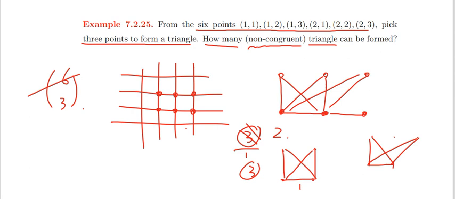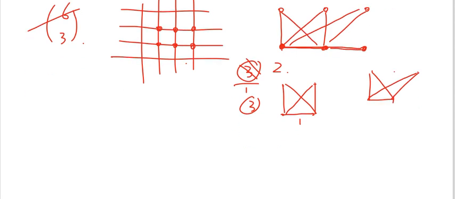Okay, then if we pick these 2, here we have 3 points we can pick. Pick this one is okay. Pick this one is okay. Pick this one is okay.